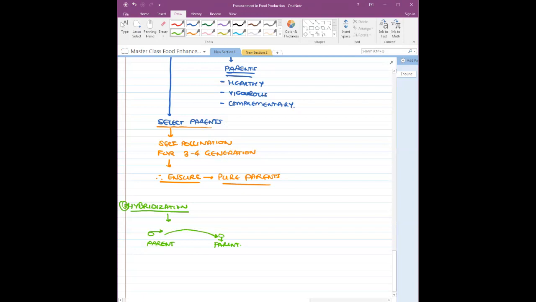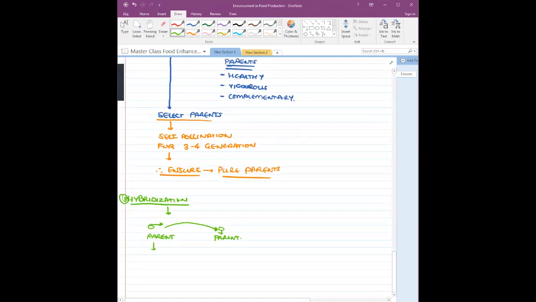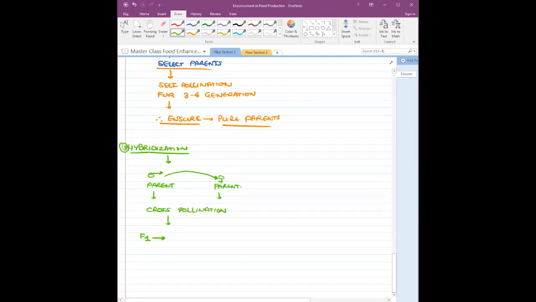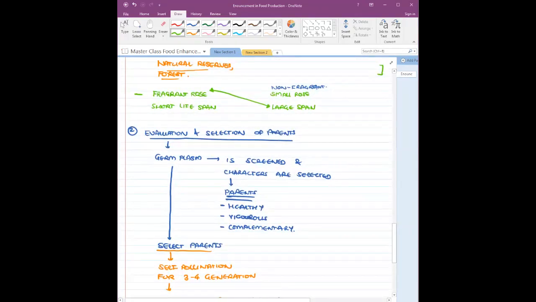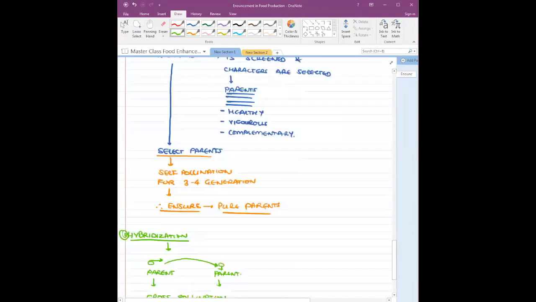So for this, what are we going to go for, guys? We are going to go for cross pollination. So both of them are going to be cross pollinated. And after cross pollination, what are we going to get? We are going to get the F1 generation. This F1 generation is going to be a hybrid for both characters. It is going to be a fragrant rose with a large lifespan.